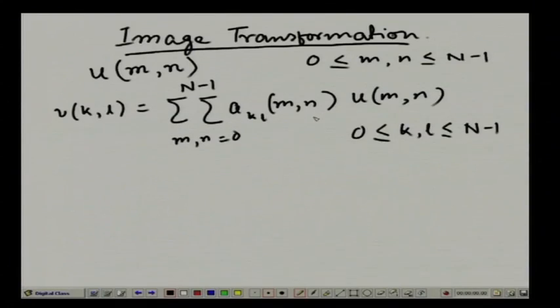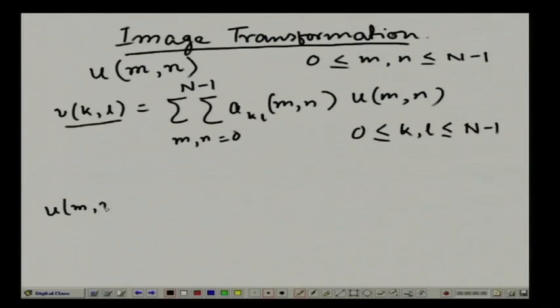Because k and L both take values from 0 to capital N minus 1, I have capital N square number of unitary matrices. From this V k L, which in this case is the transformation matrix, I can get back the original matrix u m n by applying the inverse transformation.